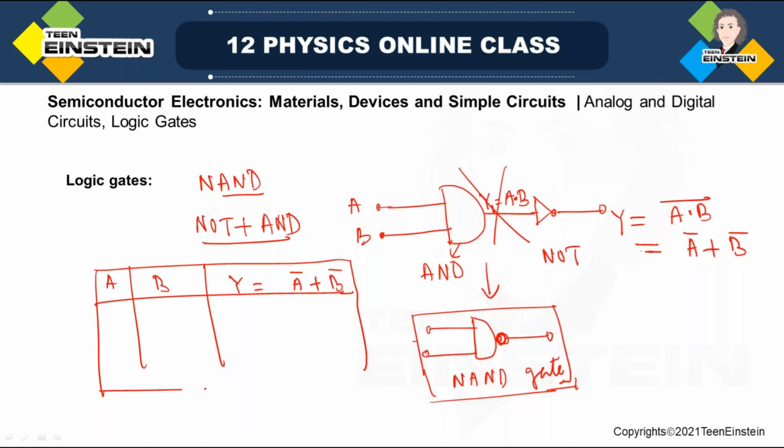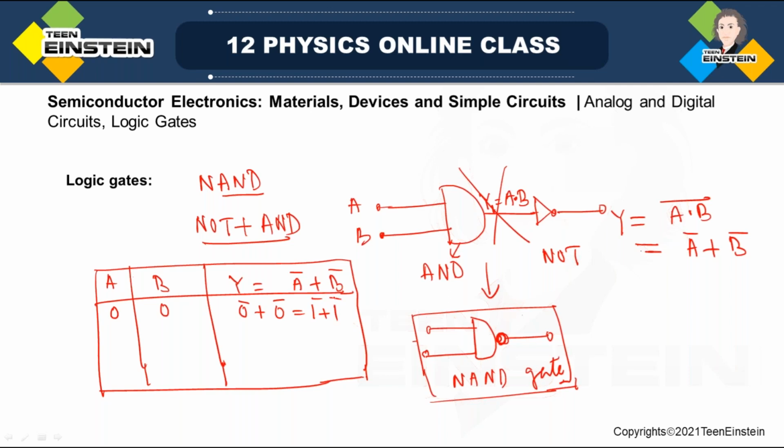Now look, if I take various inputs, what we will get? So if we get 0 0, that means your output will be 0 bar or 0 bar, that means 1 or 1.